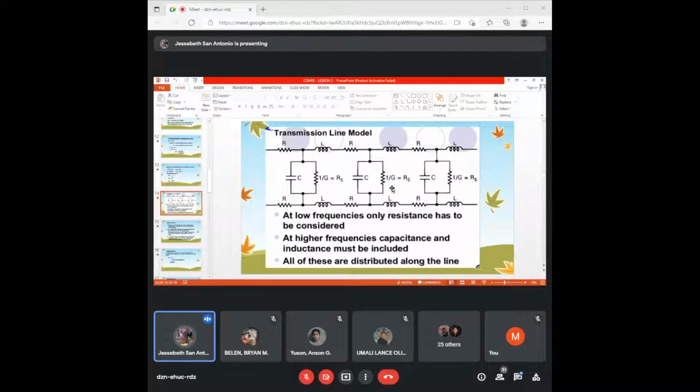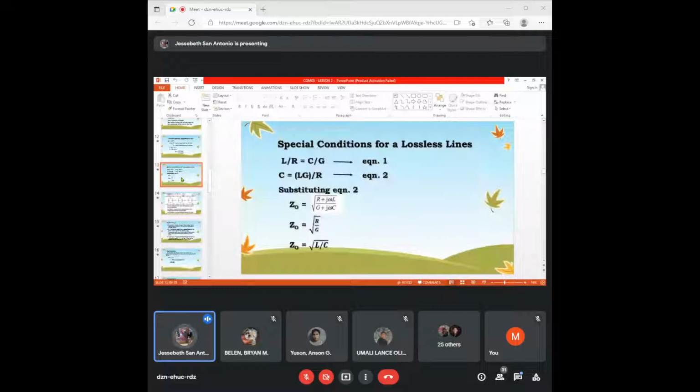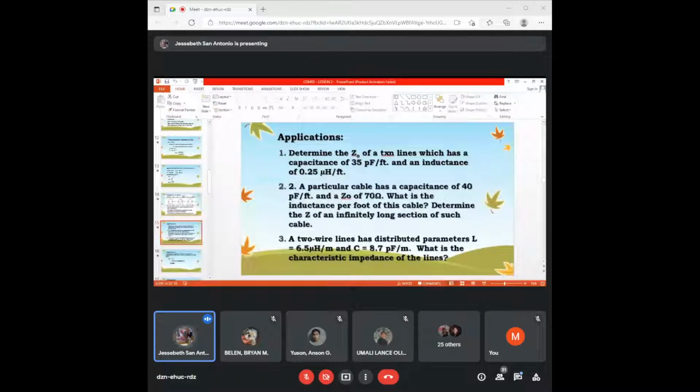Oftentimes, it is high frequency. Therefore, capacitance and inductance are very much considered. All of these are distributed along the line. So what we will use in the set work is Z0 equals the square root of L over C.